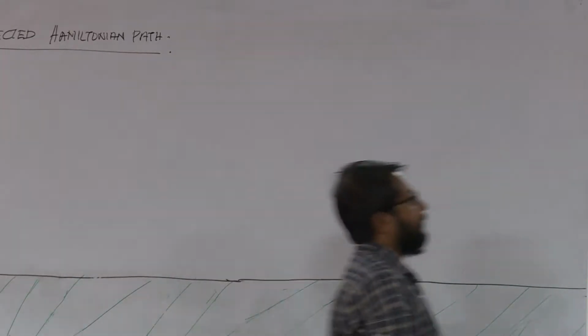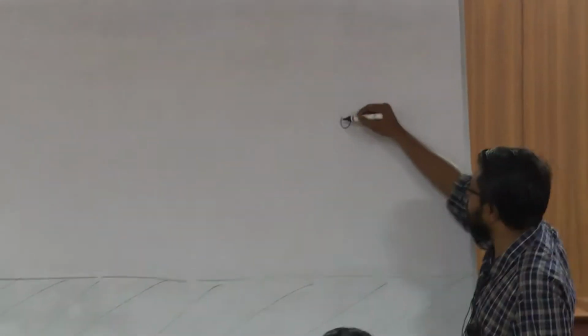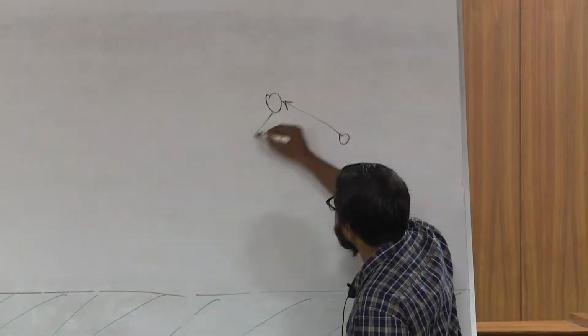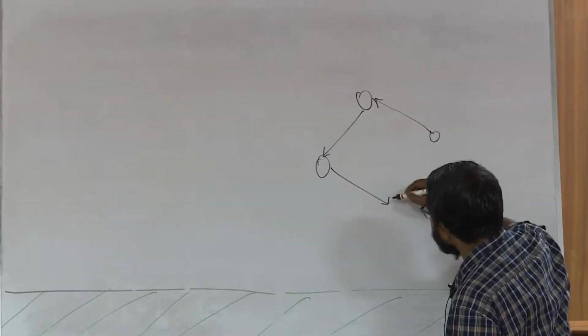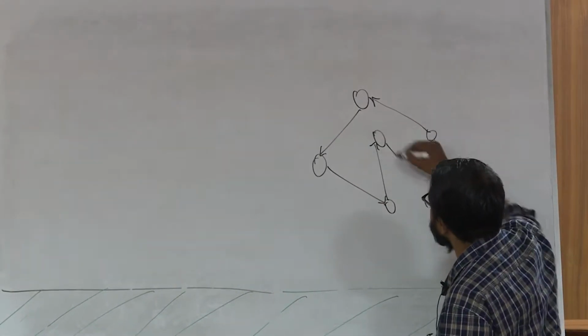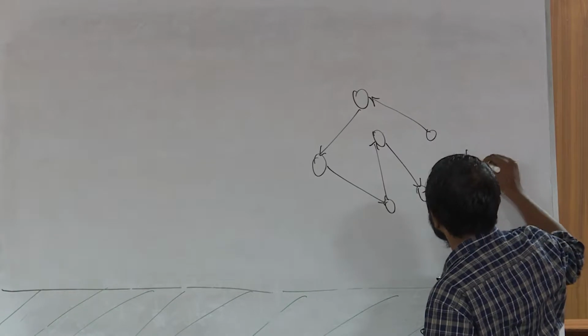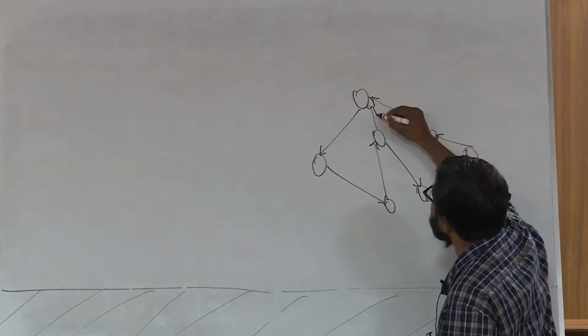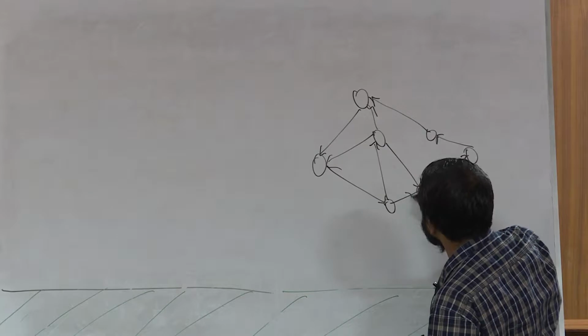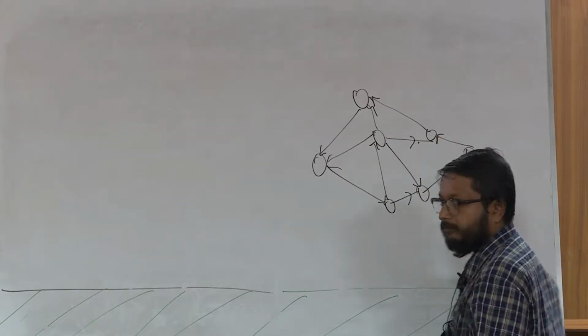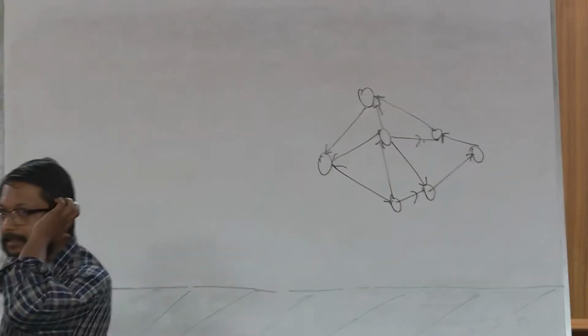Suppose you have a graph where you put edges, you put directions on the edges, something like this. What is a Hamiltonian path on this graph?